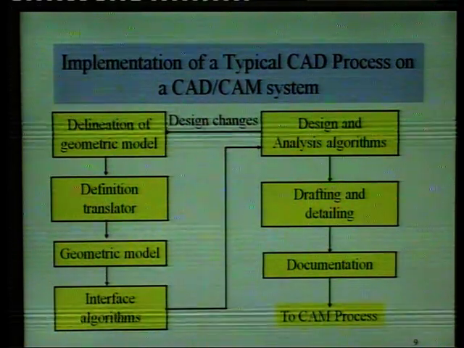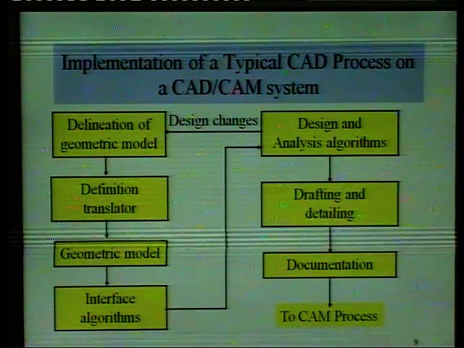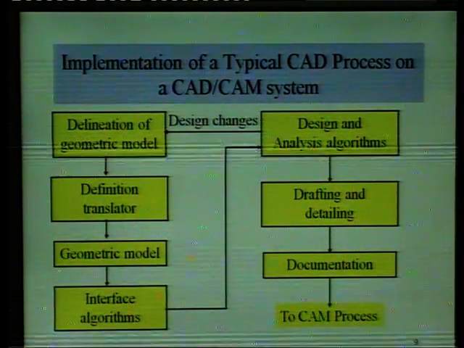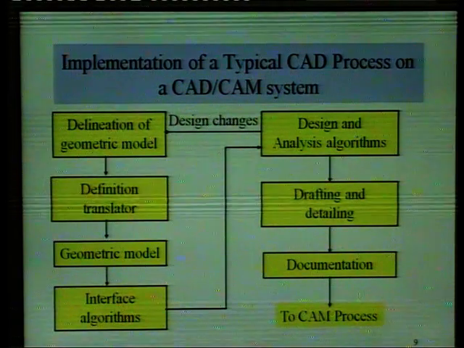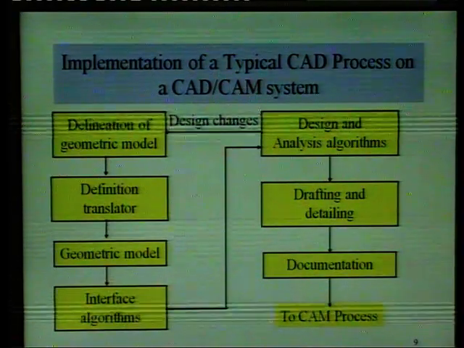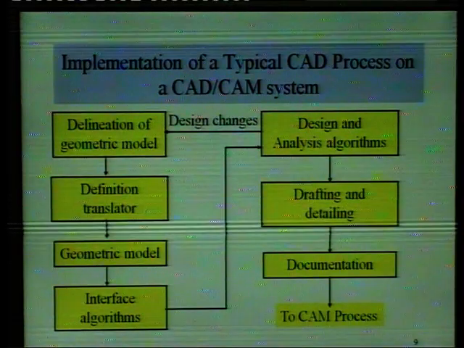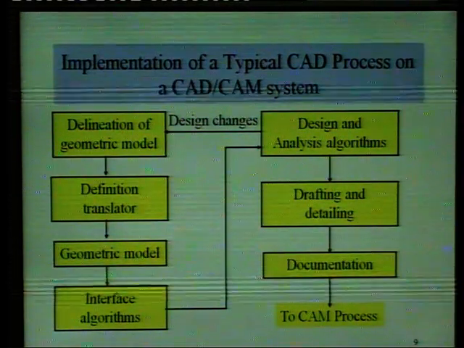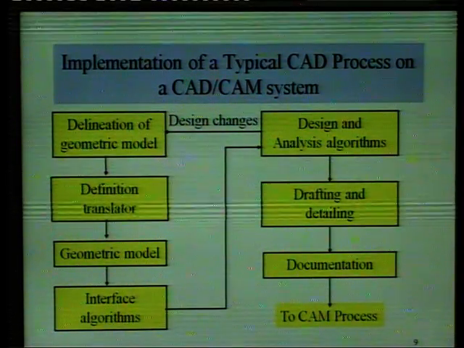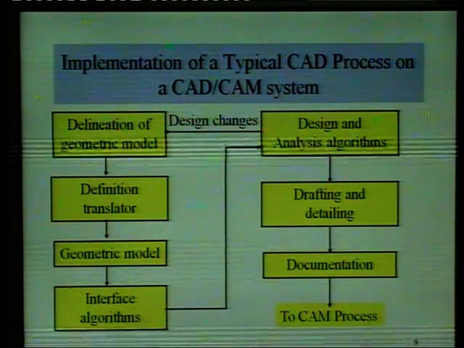And through interface algorithms, design and analysis algorithms, drafting and detailing is prepared, and finally the accepted design is documented, and the output of the design process becomes the input to the CAM process. Whenever there are design changes after the design and analysis algorithm, the process is sent back to the delineation of the geometrical model.